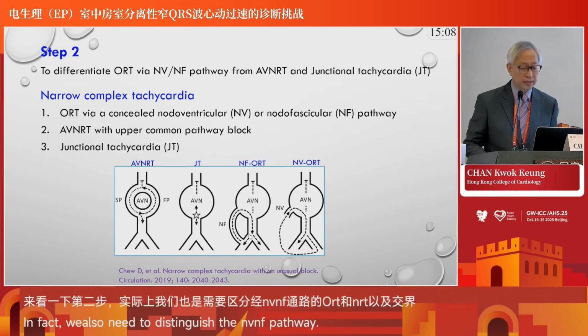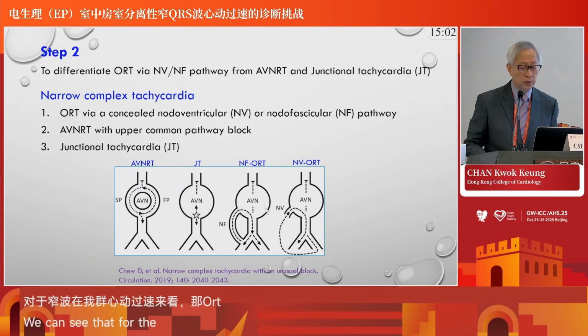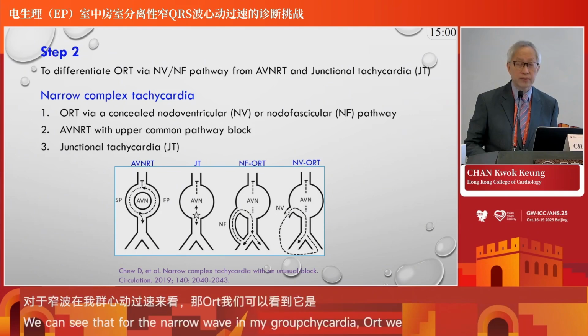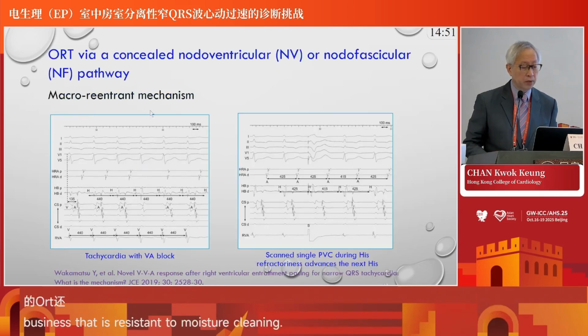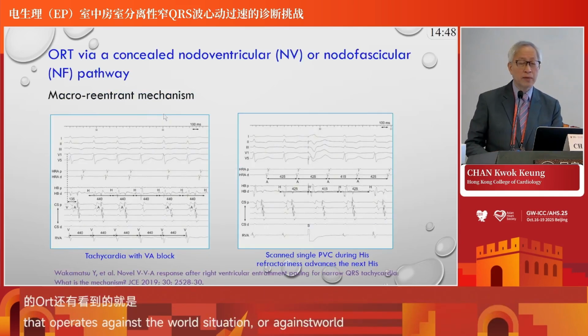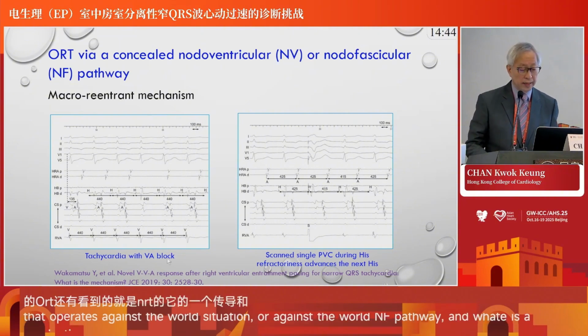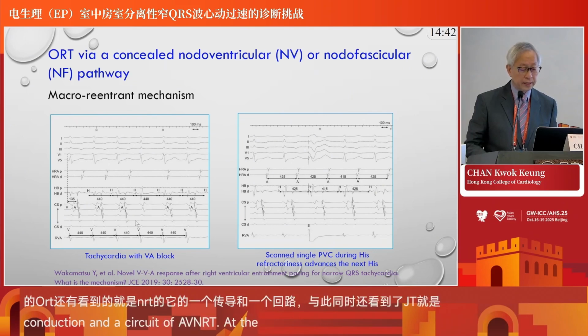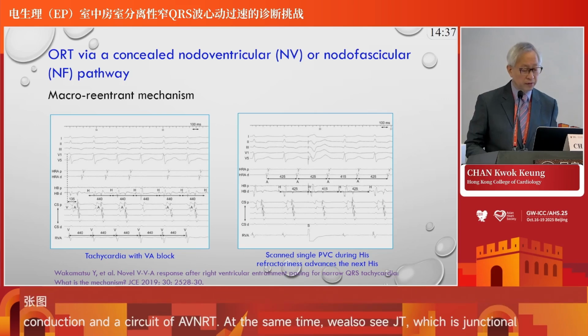Now, these are the diagrammatic representations: AVNRT with upper common pathway block, junctional tachycardia, or nodofascicular or nodoventricular ORT, in which the pathway acts as the retrograde limb of the tachycardia circuit. Because this is a macro reentry mechanism for ORT via a nodofascicular or nodoventricular pathway, as in this example, the tachycardia can continue with VA block because the atrium is not a mandatory part of the circuit.